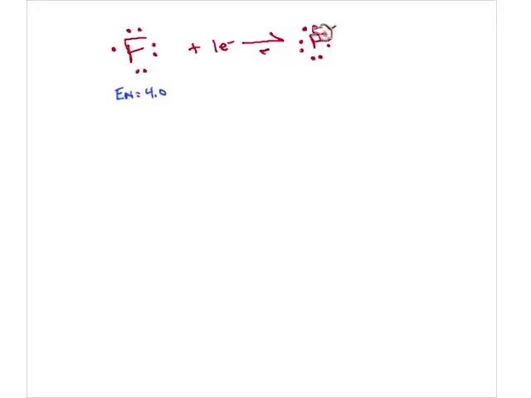So this fluoride ion is unreactive. It's pretty stable in this format. This fluorine atom is very chemically reactive. It's not stable. It wants to pick up an electron. So that's why this guy is easy to reduce. And this guy over here is difficult to oxidize.